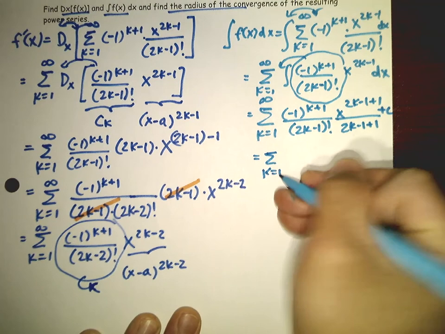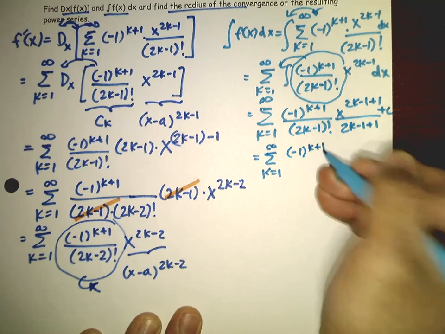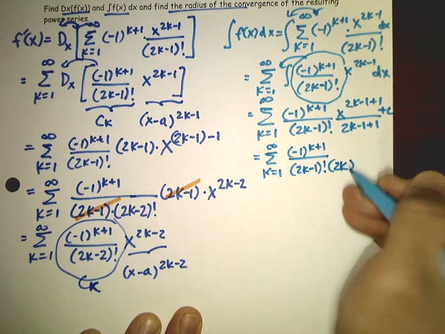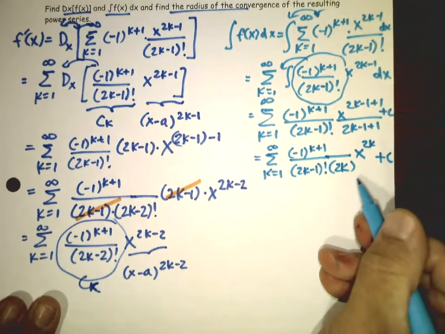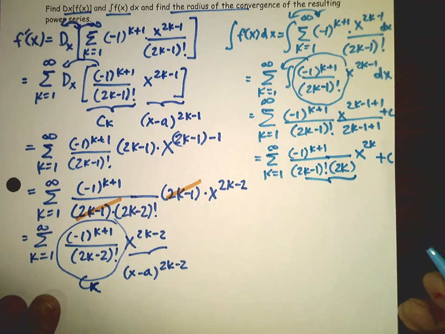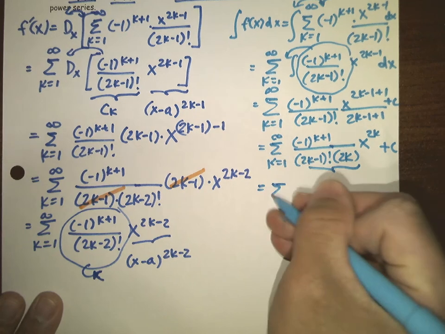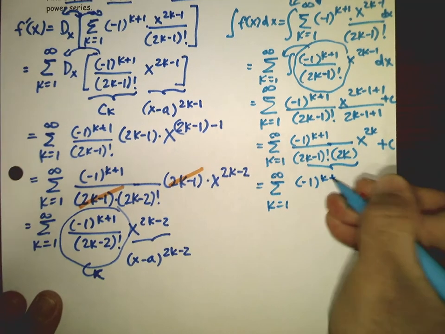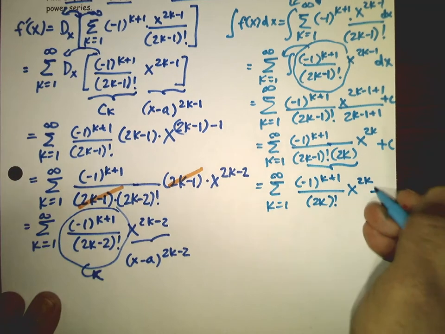Then I will simplify this. It's the sum k equals 1 to infinity of negative 1 to the k plus 1 all over 2k minus 1 factorial times 2k, times x to the 2k plus c, and 2k times 2k minus 1 factorial is just 2k factorial. So this will be equal to the sum k equals 1 to infinity of negative 1 to the k plus 1 over 2k factorial times x to the 2k plus c.